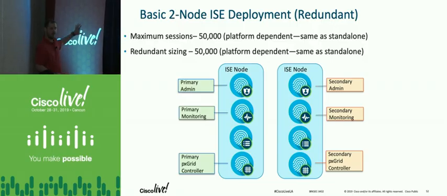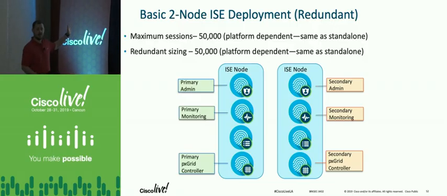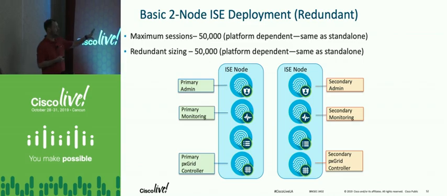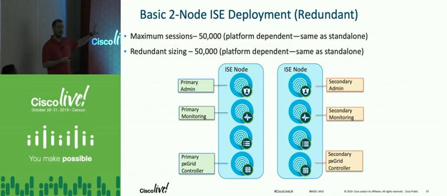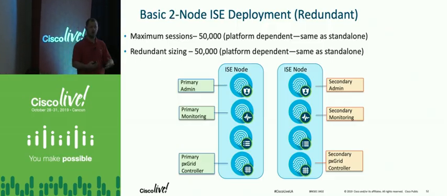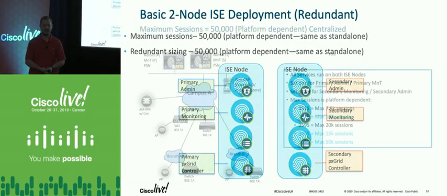So both policy services engines can actually respond to RADIUS requests and take authentication simultaneously for load sharing. Now this deployment, as I mentioned, goes up to 50,000 endpoints. This is new with those 3600 series appliances.